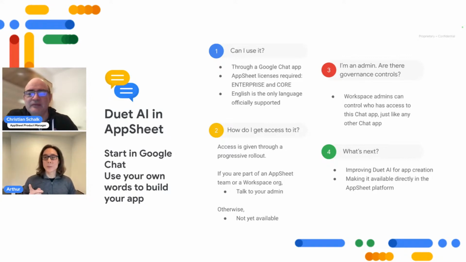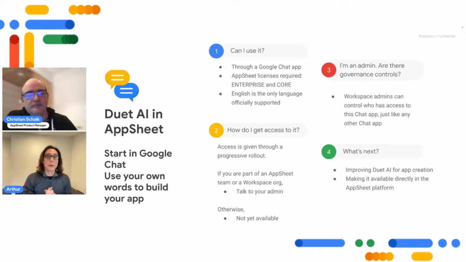There was one thing that came up pretty often with respect to core licenses and access to Duet AI. Maybe you're in a workspace organization and you don't know if you have access to core enterprise licenses.